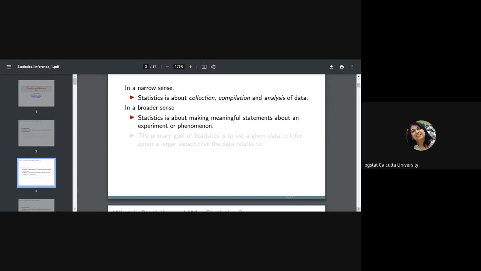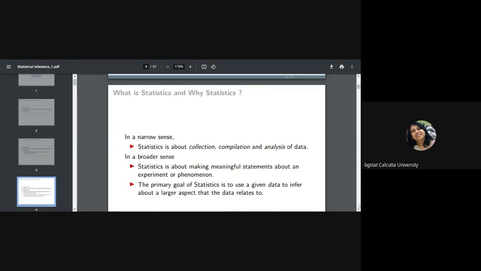So, we touched upon some of these concepts, like that of a sample, that of a population, that of a probability distribution, and that of a sampling distribution. We will do a bit of recap on this before we make further progress.